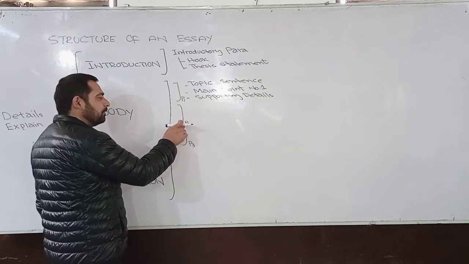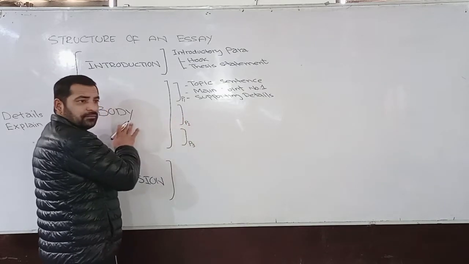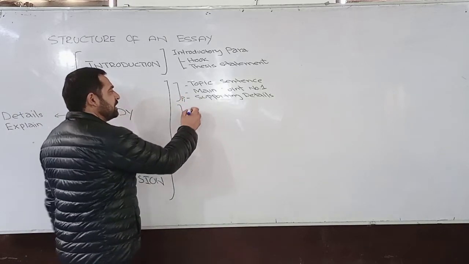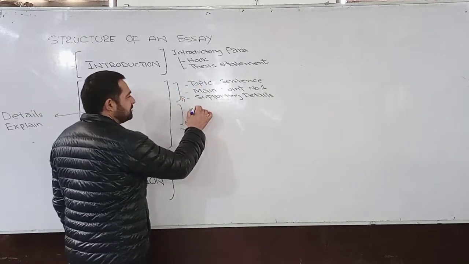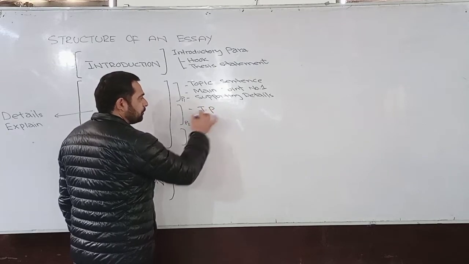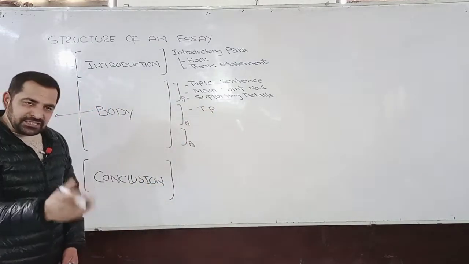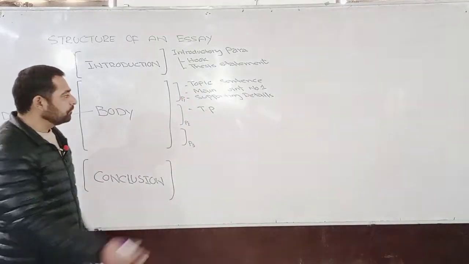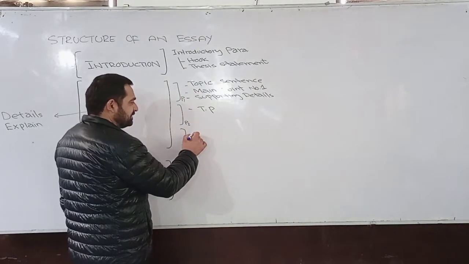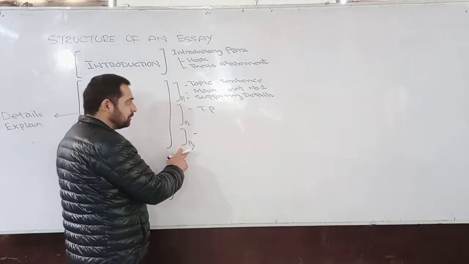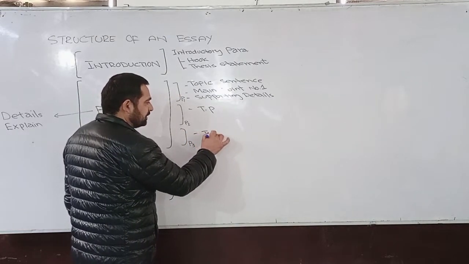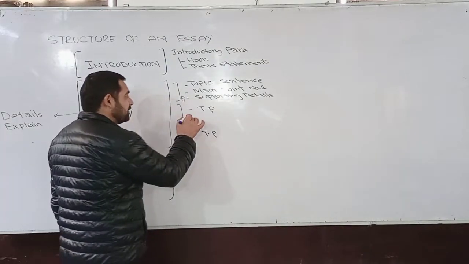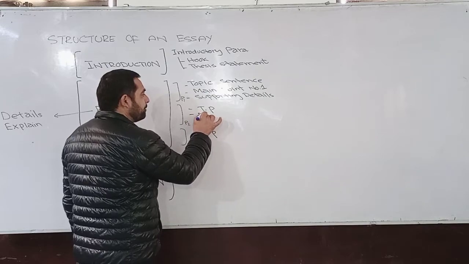Coming to paragraph 2 of the body of an essay, I will now use abbreviations. For topic sentence, let me write TP. It means that in the body, each paragraph starts with a topic sentence, right? So the same will go for P3 as well. The second thing you need is MP.